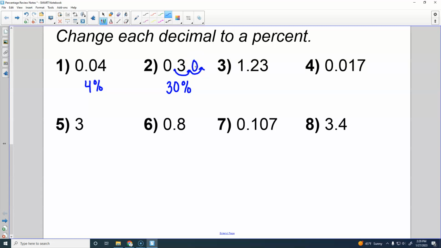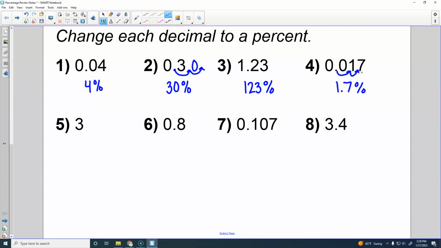Okay, Camel, what about number 3? Perfect, 123. Rosalind, what about number 4? Very good. Some students want to do 17% on that because they like just automatically move it to the end. But it's only 2 places. So just 2 places, 1.7.